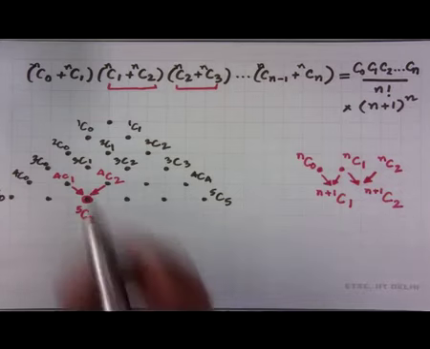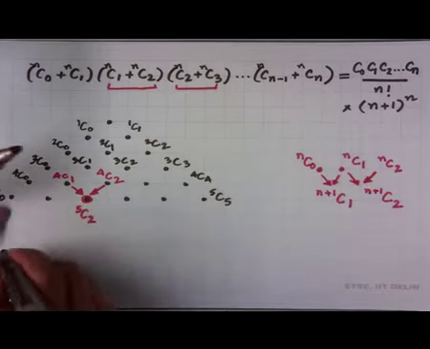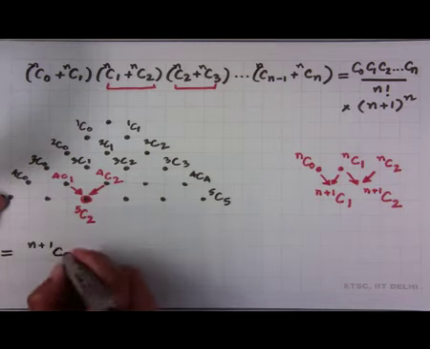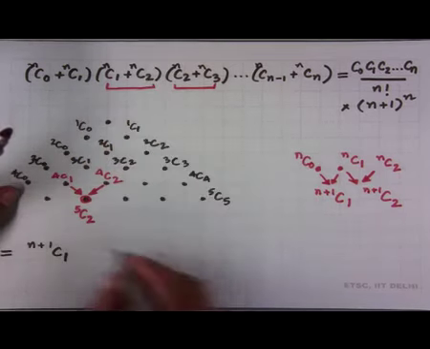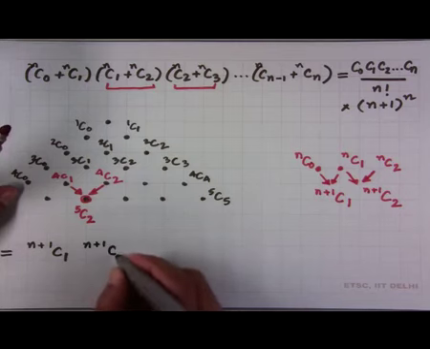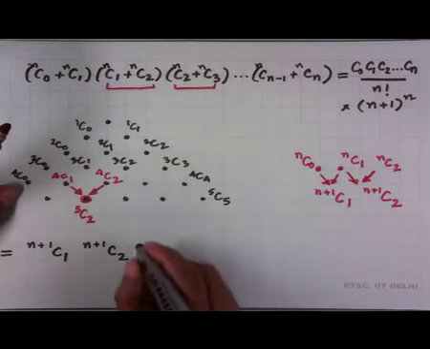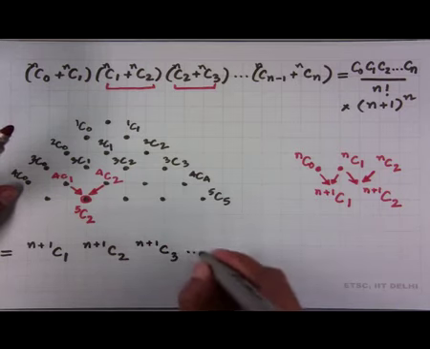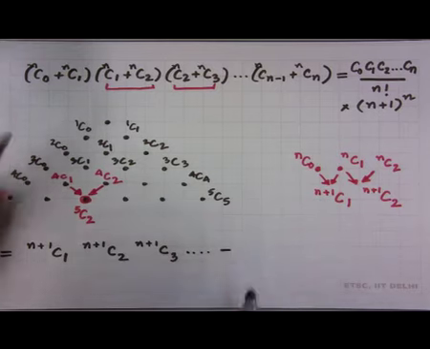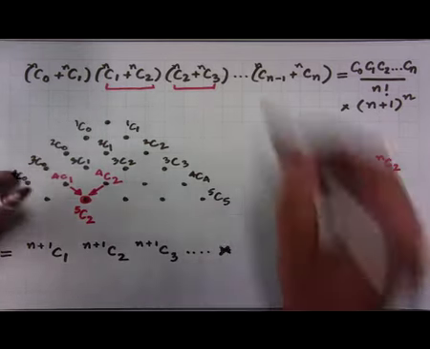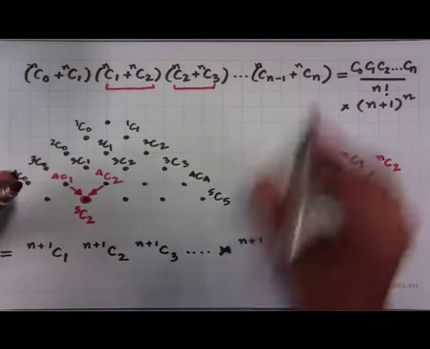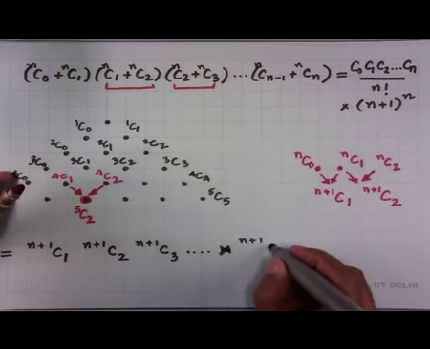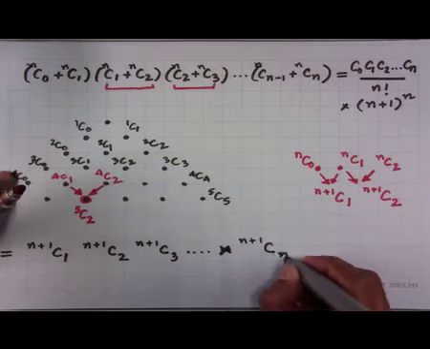All right. So, this complicated thing is nothing but n C 0 plus n C 1 is n plus 1 C 1, n C 1 plus n C 2 is n plus 1 C 2, n C 2 plus n C 3 is n plus 1 C 3, and so on all the way, sorry, this is a multiply, till n C n minus 1 plus n C n, right, that is equal to n plus 1 C n.